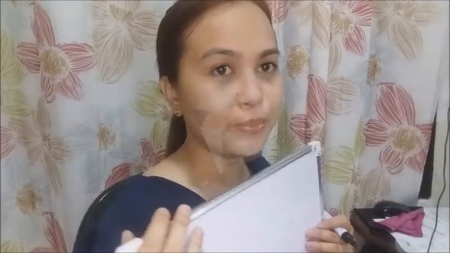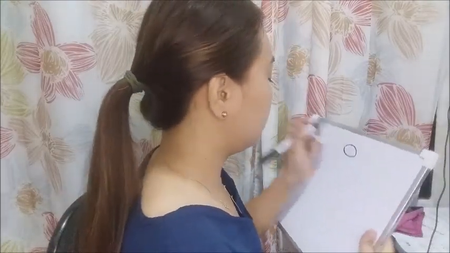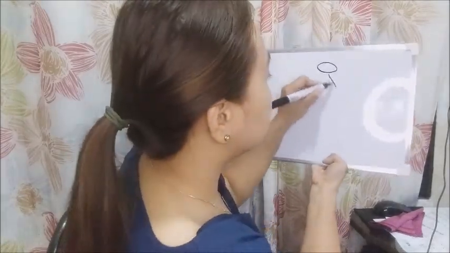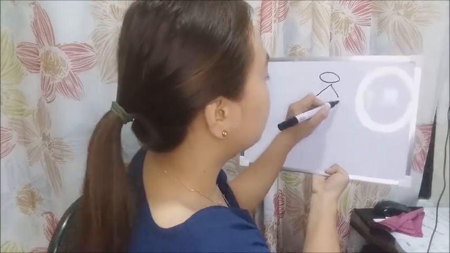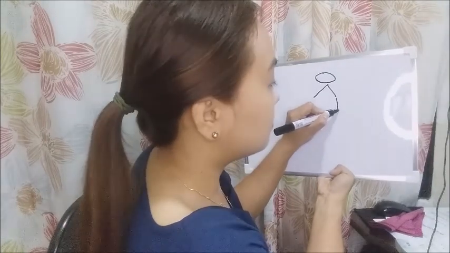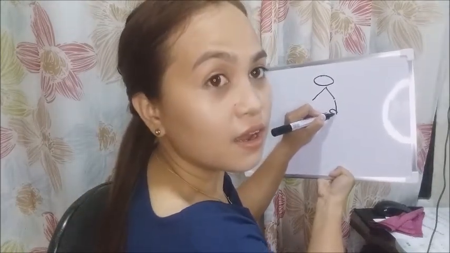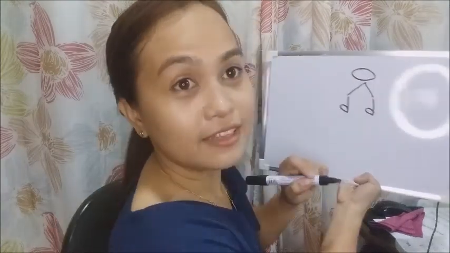I will also show to you the pyramiding of musical notes. Let's start with the whole note down to the eighth note. That is a whole note. Let's divide it. What's next to the whole note? Half note, right? That is a half note, two beats.